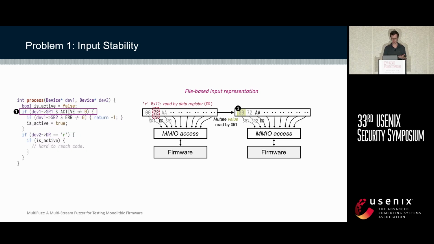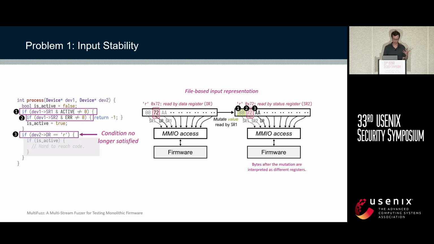However, if a mutation occurs and adjusts that so that the bit is now set, we take a different path through the firmware, which means the byte which was consumed by a different peripheral later is now consumed by this different place, and so we don't meet the later condition anymore. This makes it harder for the feedback mechanisms that fuzzers traditionally use to effectively explore deeper into the program, because mutations tend to break things.